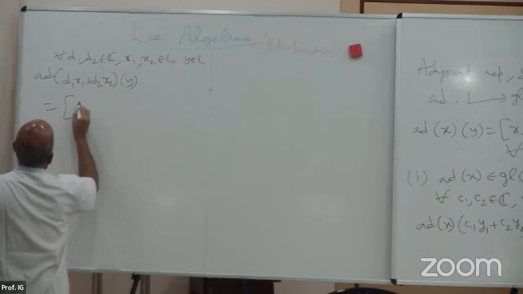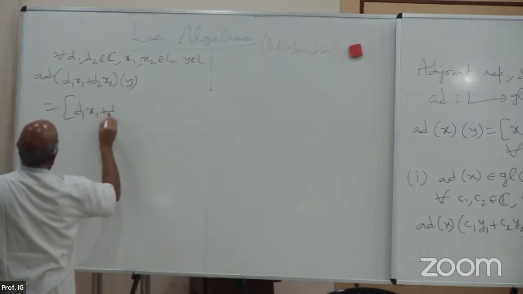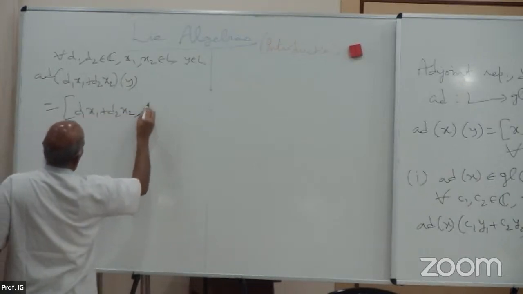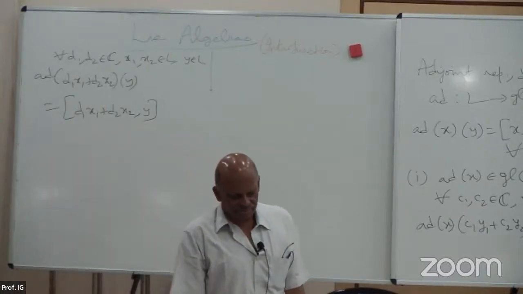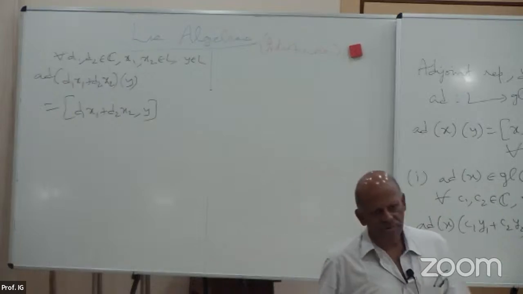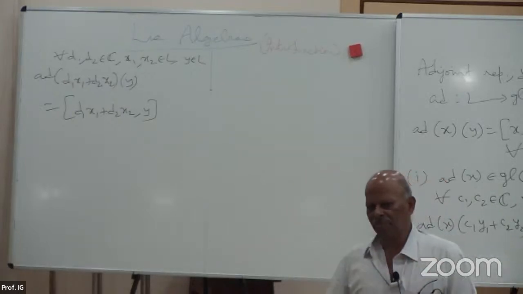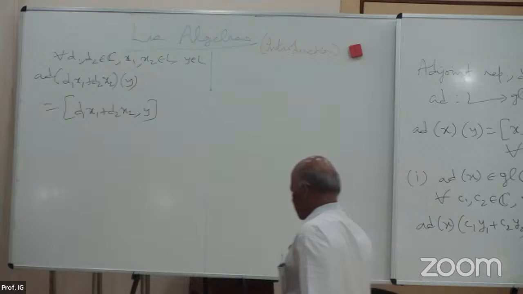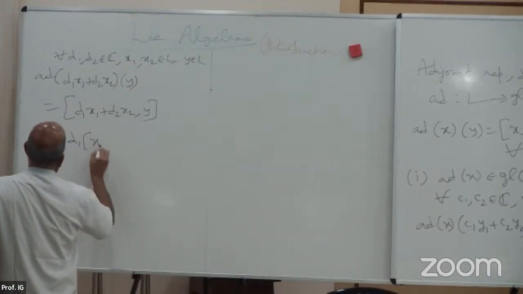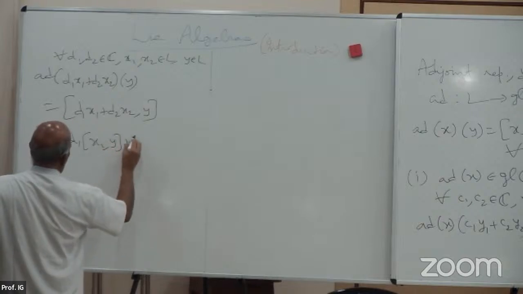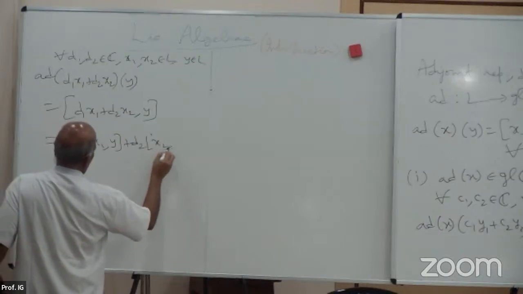By definition, this is [d1 x1 plus d2 x2, y]. Again, bilinearity is what is going to help us. We know that once you fix the second variable y, in the first variable we have linearity. So this turns out to be d1 [x1, y] plus d2 [x2, y].